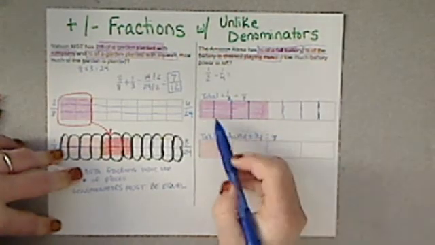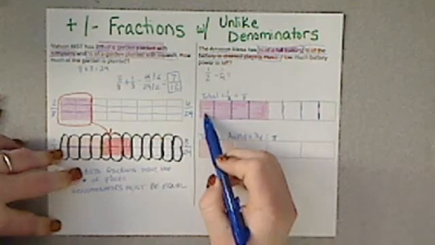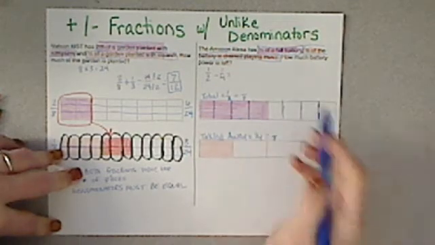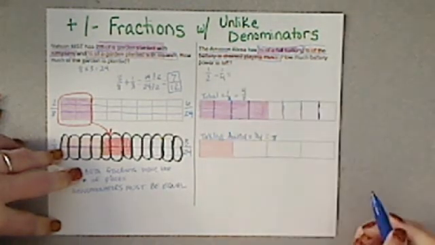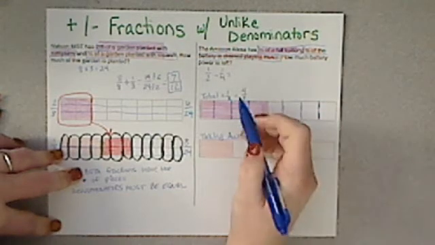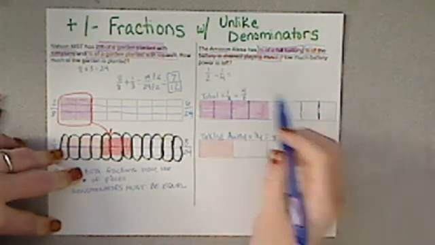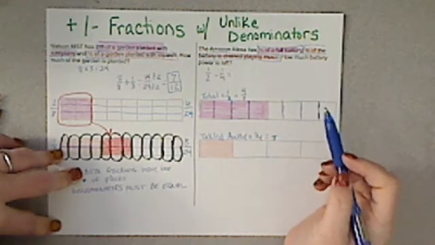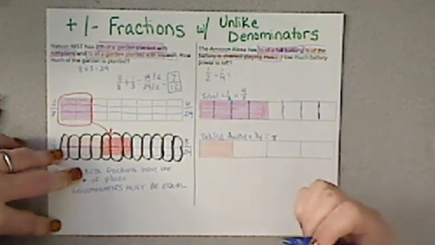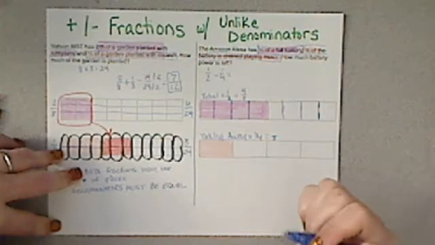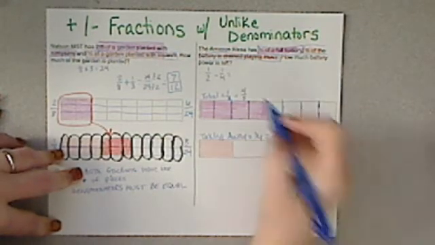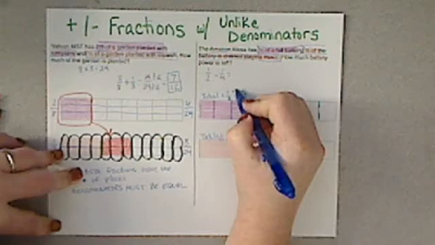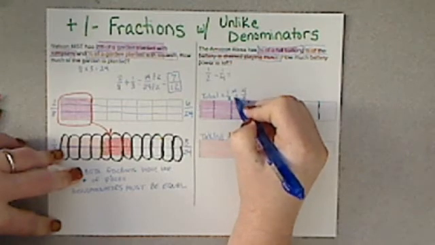So now instead of 1/2, I have 1, 2, 3, 4 out of 8. To turn 1 into 4, you multiply by 4. To turn 2 into 8, you multiply by 4. Whatever you do to the top, you must do to the bottom. Whatever you do to the bottom, you must do to the top. So we multiplied by 4 and multiplied by 4.